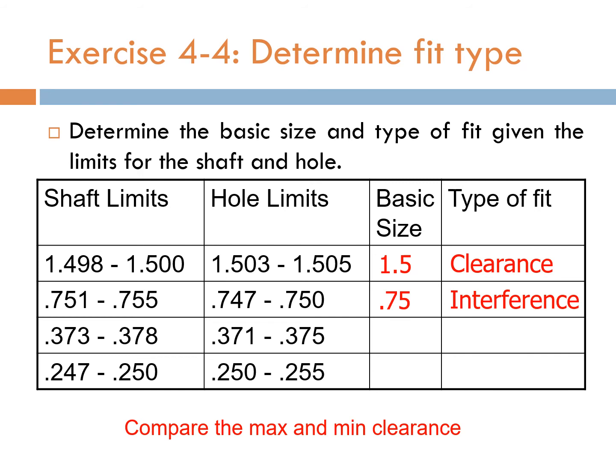Let's look at the third one. 0.373, 0.378, etc. That should be 1/8, which is 0.375. Then you think about, would you be able to have a clearance or not?